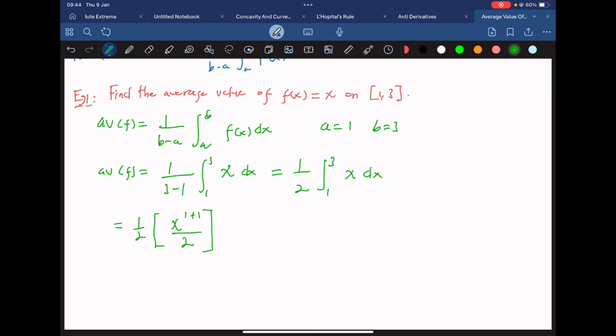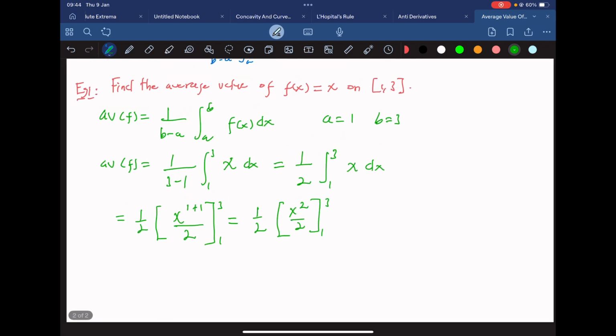And this is going to give us, and we shouldn't forget the upper and lower limits, 3 and 1 here. So if we simplify, we have x squared over 2, with the upper and lower limits.